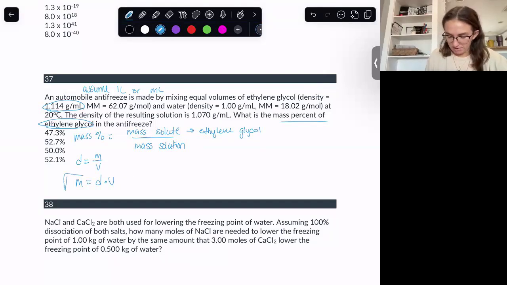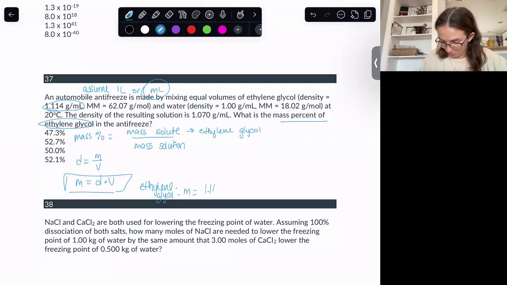Perfect. So we know that mass is equal to density times volume. We're assuming 1 milliliter. So for ethylene glycol, our mass is equal to 1.114 grams per milliliter times 1 milliliter, so we have 1.114 grams. That plugs into our mass of solute.